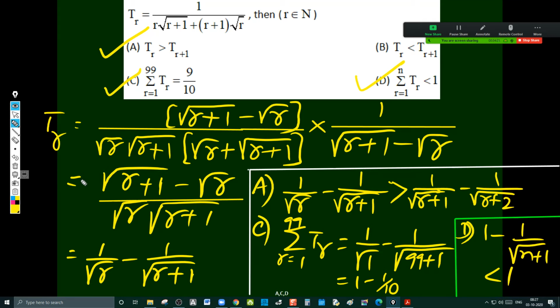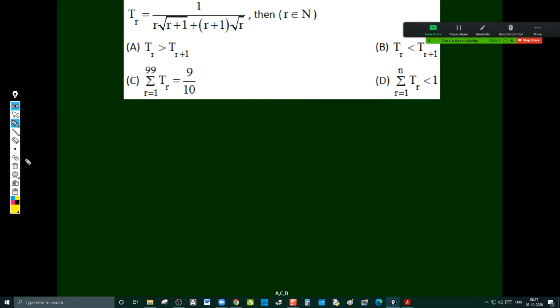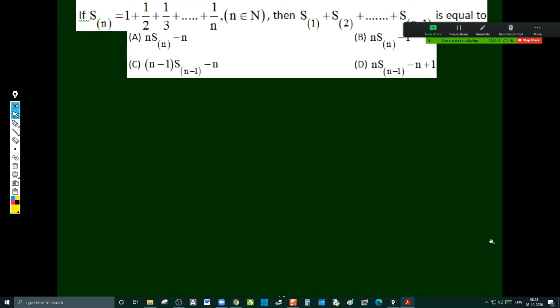So this one is now, let us check it out. Next question, please. Just read that one. Sn is defined to be 1 plus 1 by 2 plus 1 by 3 plus and so on plus 1 by n.